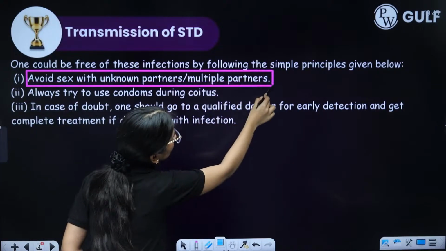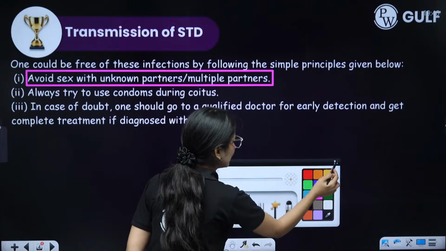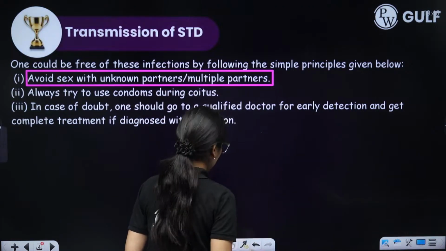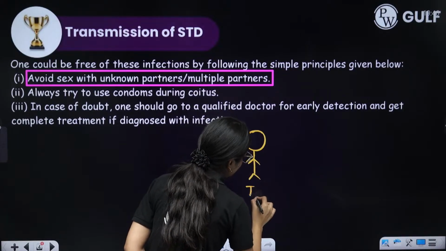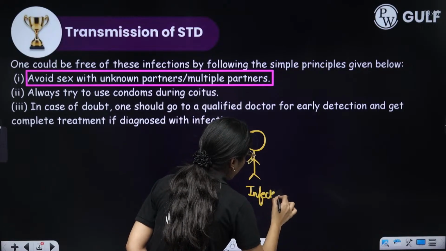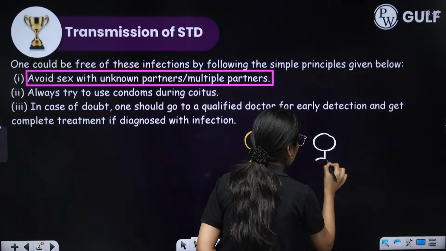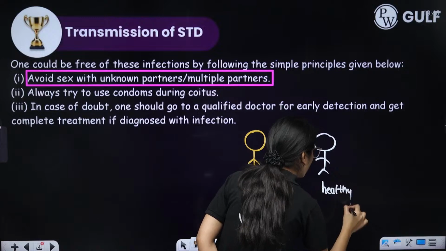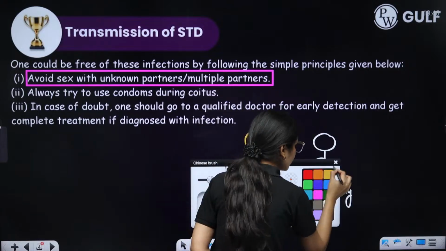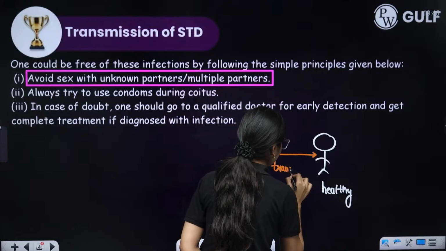Now, the thing is that the mode of transmission of the majority of STDs is from an infected individual. From an infected person, you will have transmission to a healthy person. Let's say this is a healthy person. Upon sexual contact between these two, transmission will occur.